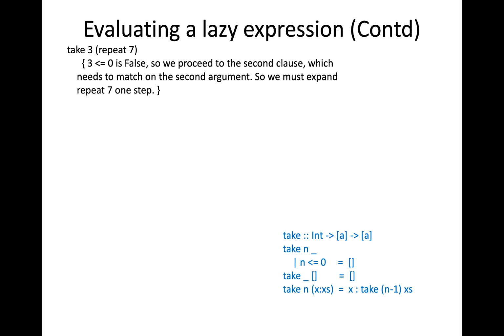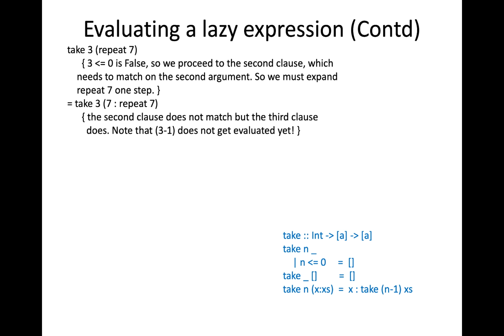Now to know whether it's empty or not, Haskell needs to evaluate what is repeat 7, at least one step, right? So that's why Haskell now expands repeat 7 one step. It's forced to do that now, and that means we have 7 colon repeat 7 here. And now Haskell understands that this cannot be an empty list because at least 7 is there.